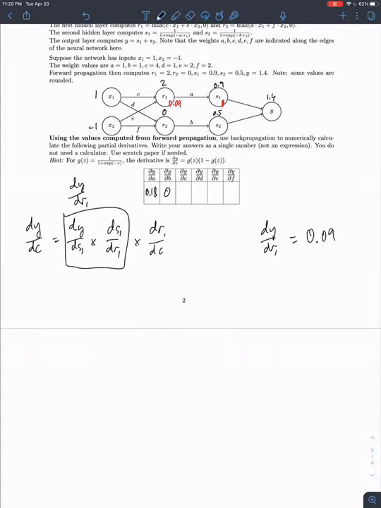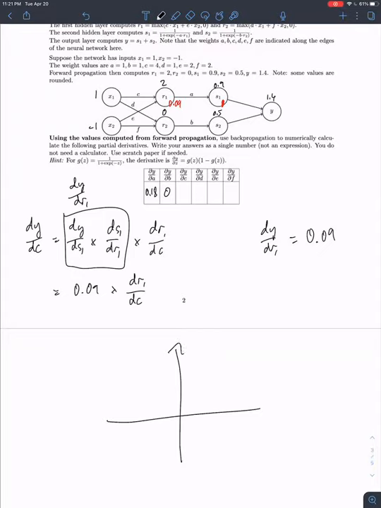What that means is that dy dc is 0.09 times dr1 dc. So what's dr1 dc? r1 is a ReLU of cx1 plus dx2, and r1 has a value of 2.